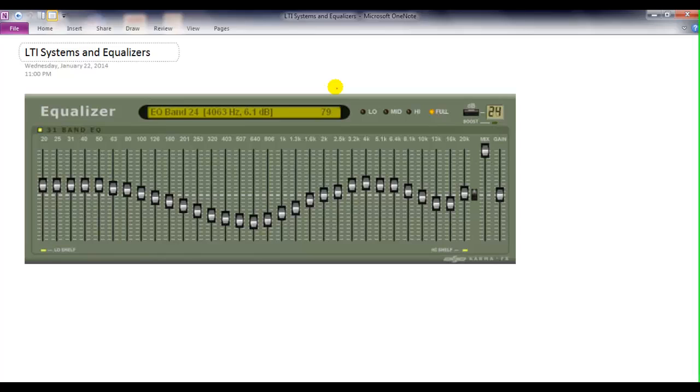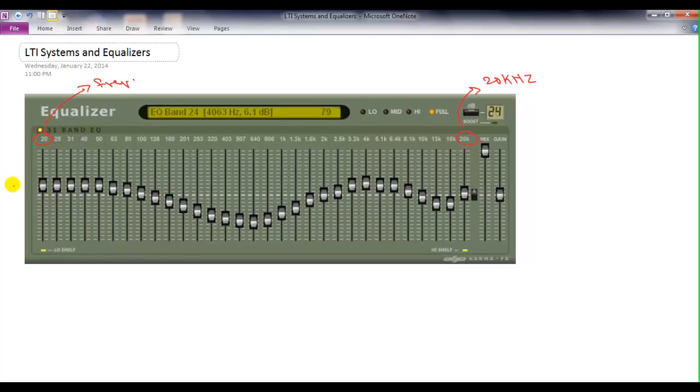So this is a traditional equalizer that you will see, right, where these things list the frequencies. This is 20 hertz and it goes up to 20 kilohertz. So you are telling this equalizer, by scaling these things up and down, effectively you are changing the frequency response of this LTI system.